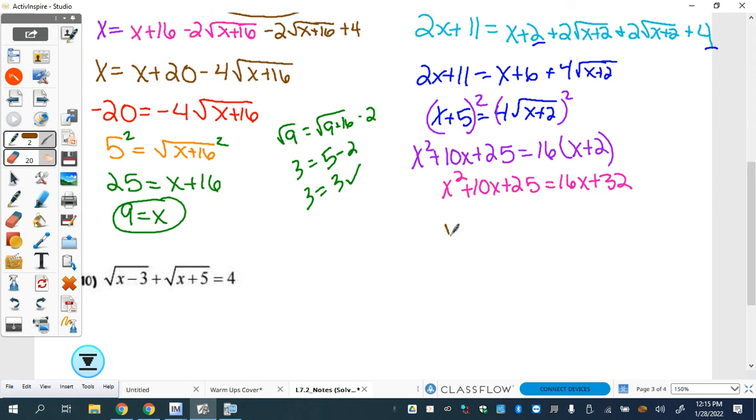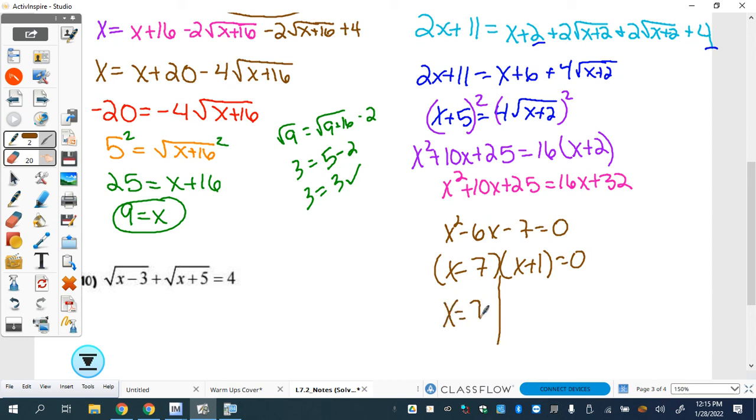That's x squared minus 6x minus 7. So it multiplies to 7, adds to negative 6. 7 and 1. We don't really have many options there. So x minus 7, x plus 1. So x equals 7 and x equals negative 1.